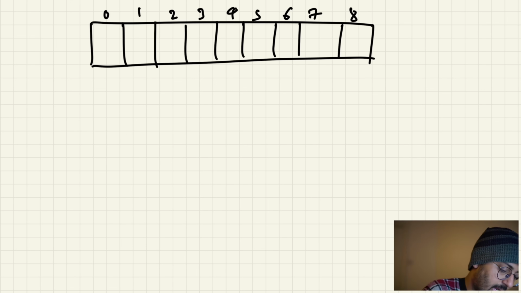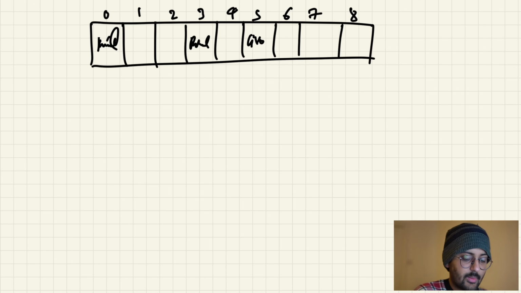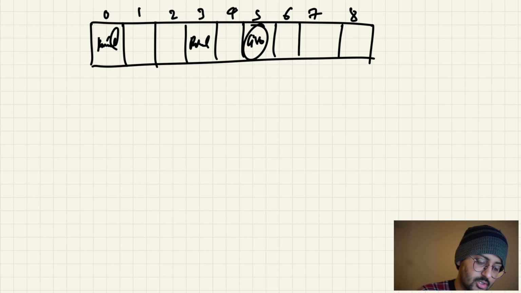So if this contains Kunal, this contains Rahul, this contains Sivo, and I ask for the index of Sivo, it will not do linear search, checking is this Sivo, is this Sivo. It will give me the answer in constant time. It will say, okay, Sivo exists. How do we do this?